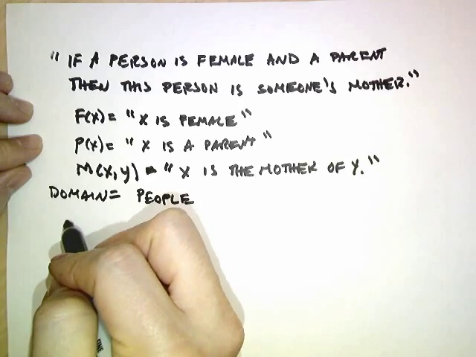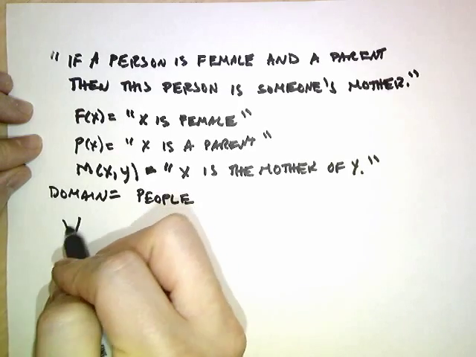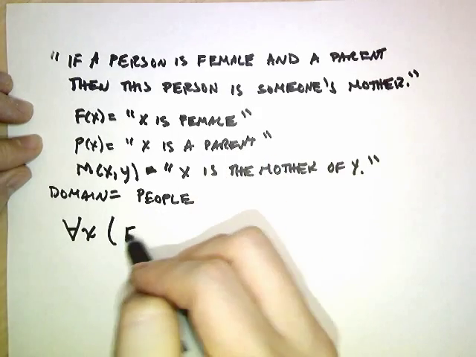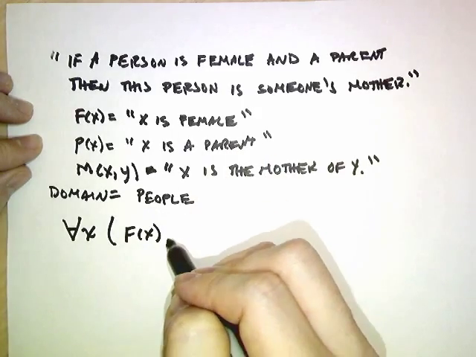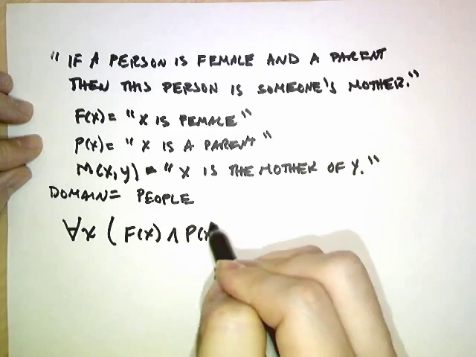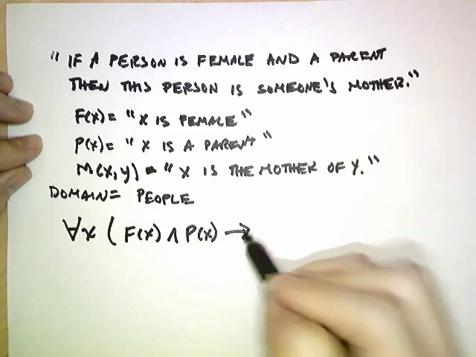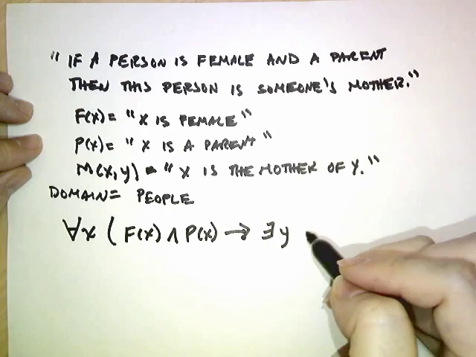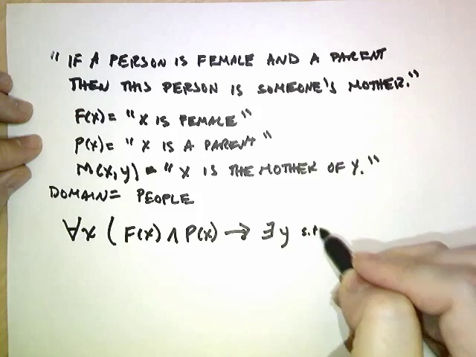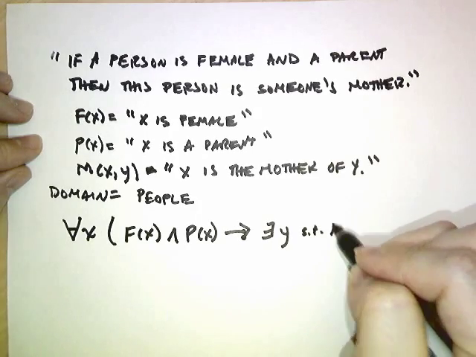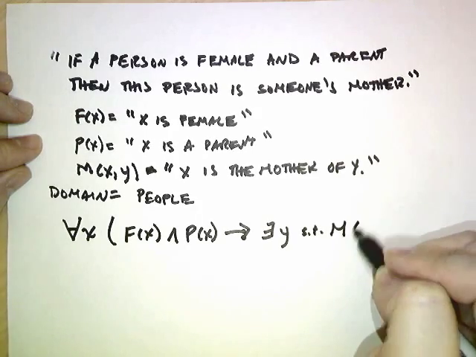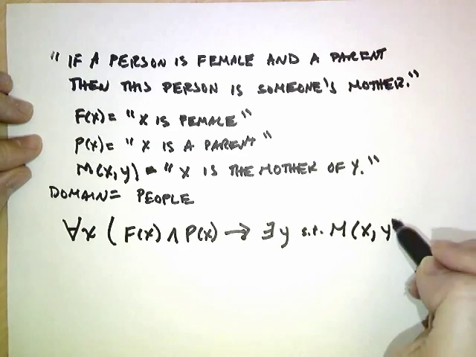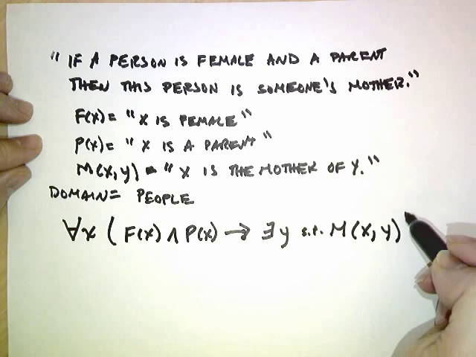So, for every person x, if this person is female and this person is a parent, then it should imply there exists someone, y, such that this person, x, is the mother of y.